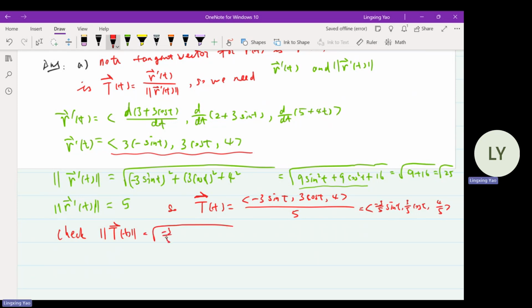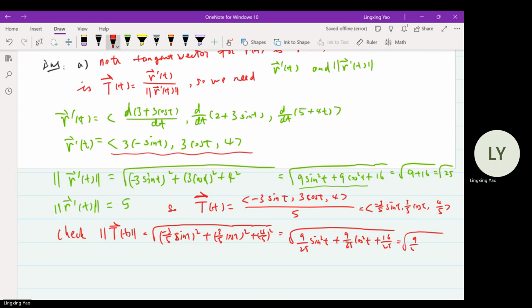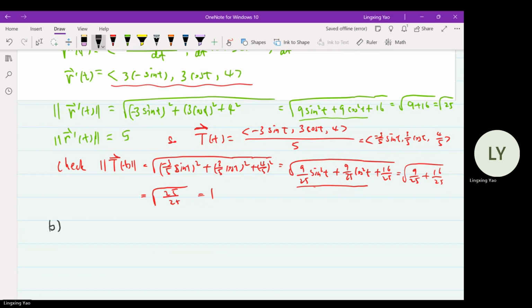This is negative 3 over 5 times sine t squared plus 3 over 5 cosine t squared plus 4 over 5 squared, which is 9 over 25 sine squared plus 9 over 25 cosine squared plus 16 over 25, which is 9 over 25 because those two add up together. Obviously, this is equal to 25 over 25, which is 1. Okay, so we answered the first part of the question.